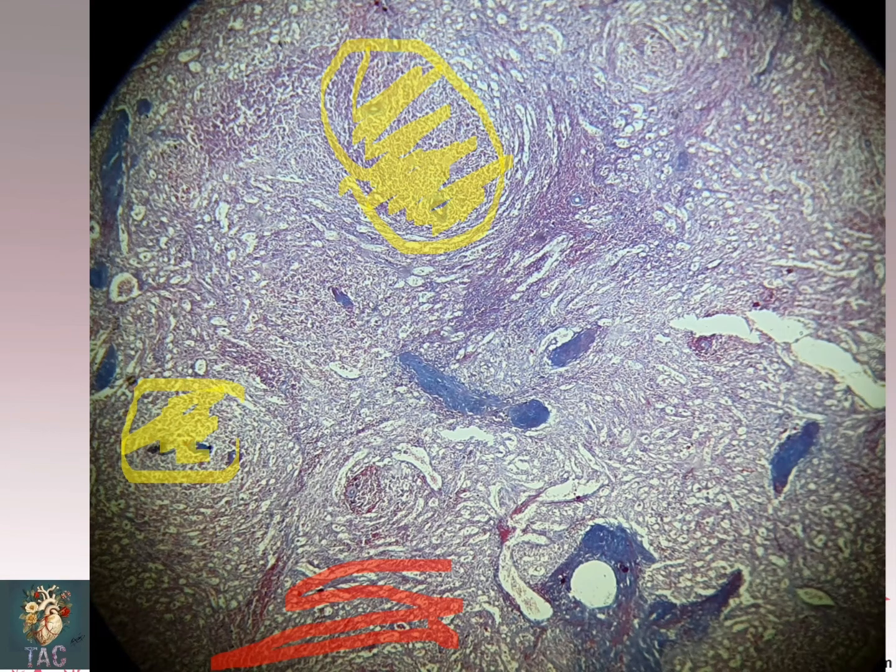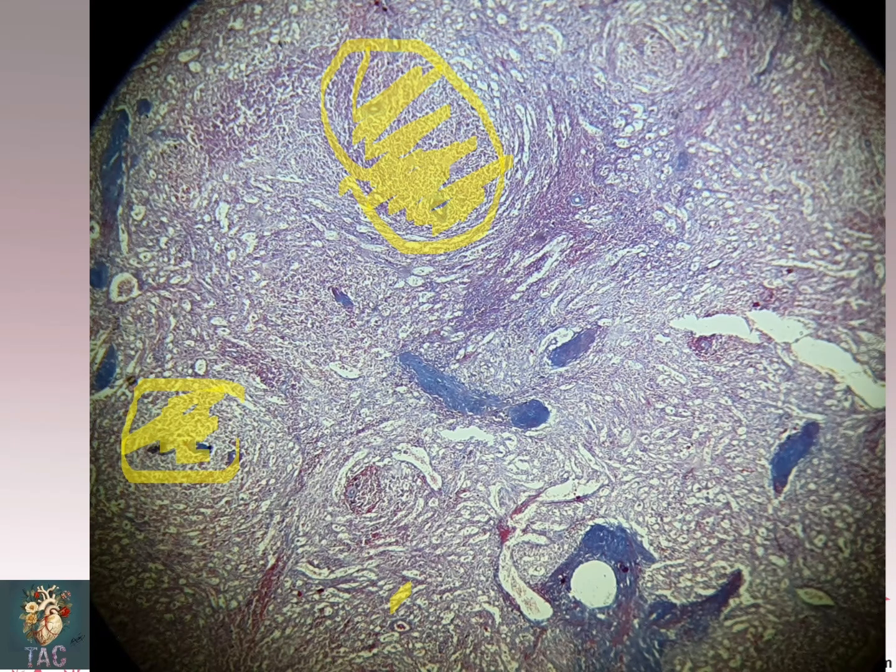This is again another area showing you the white pulp. These are the sections of the splenic arteries and its branches which are present in the trabeculae. All these areas are the areas of red pulp. In this red pulp you can see the cords of Billroth, and the sinuses which are present also form the splenic sinuses.